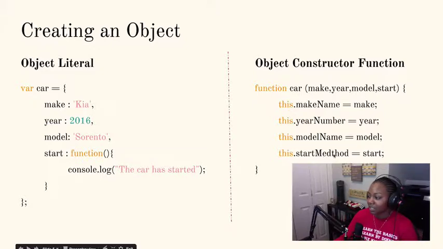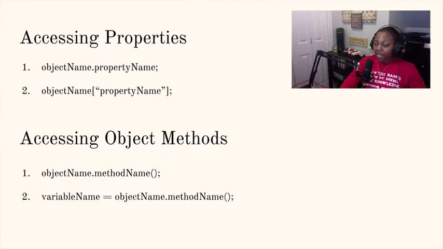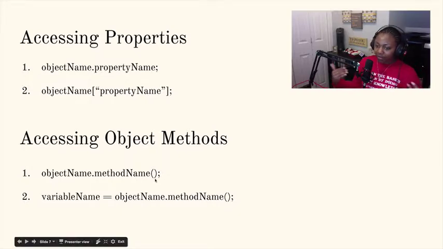It's method. Let's talk about accessing properties. We said object name dot the property name, or object name and then the square brackets, the quotation marks, and then the property name right in the middle. Another way to access object methods is object name dot the method name with parentheses so that it can run that function all at once.